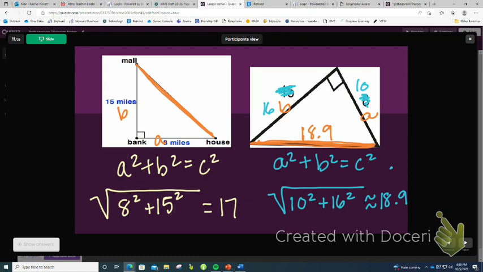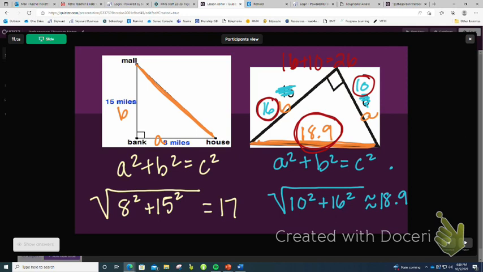So when we compare all three of our sides, we had 16, 10, and 18.9. 18.9 is the largest number, so that works. It has to be the largest side, but it also has to be smaller than the two legs added together. So if we added together our two legs, 16 plus 10, that equals 26. The hypotenuse has to be smaller than that sum, which it is.